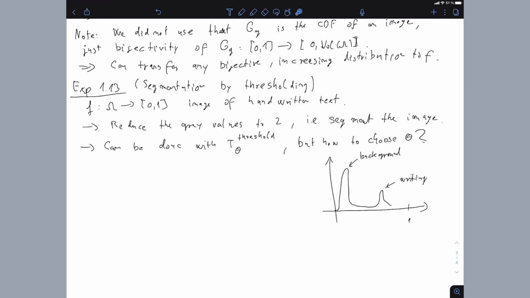And so if you look at this histogram, I hope most of you will have an idea where you want to put the cut. Yeah, so you would hope to put the threshold here in the center, in the middle between the two peaks. But the problem is, you don't have the peaks fixed.